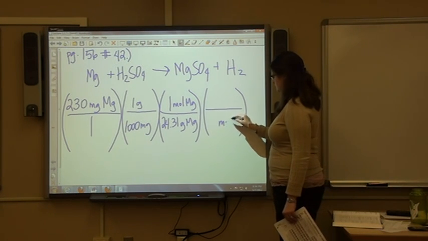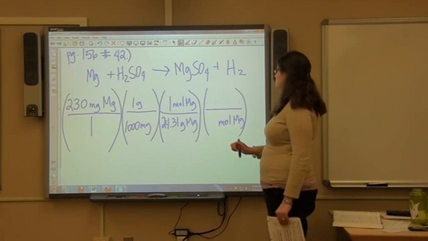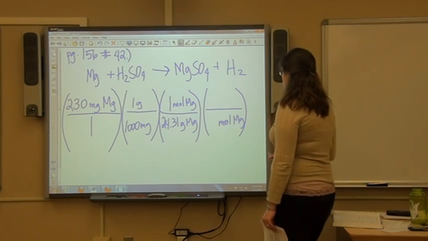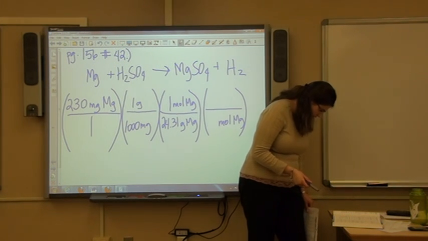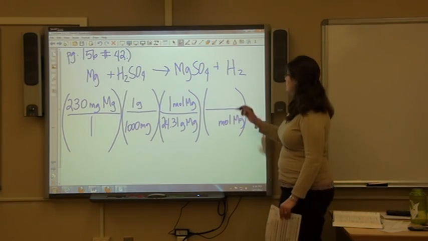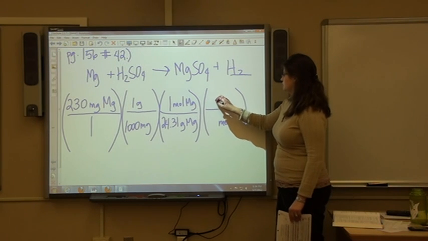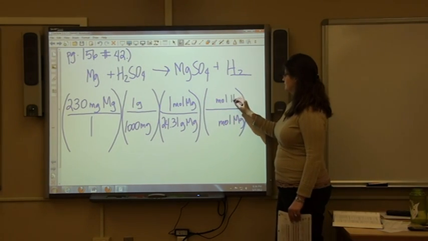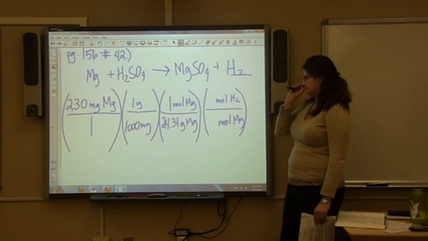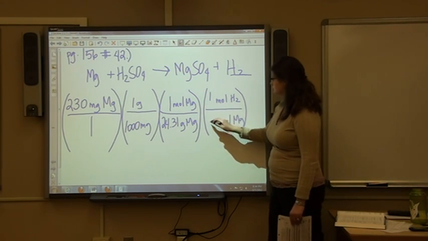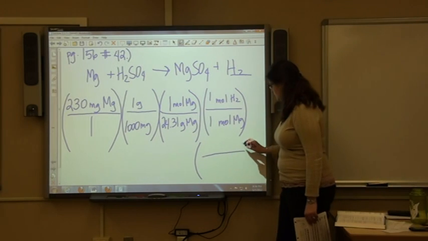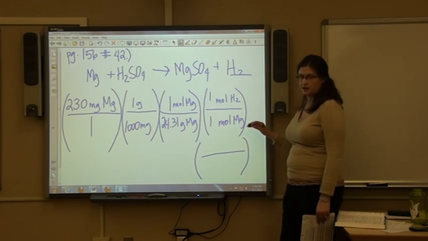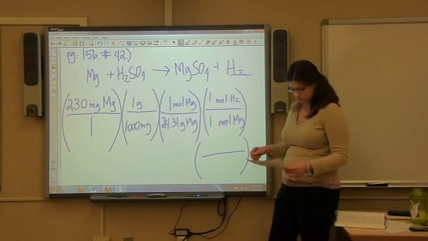Start by doing this, because you know you have to get rid of that. And then what goes on the top? Okay, I've got to go back to read my problem because I forgot. How many moles of H2 are produced? That means that this goes on the top here. Now fill in those numbers. And now I did run out of space here, but you should keep this all on one line, otherwise it gets messy and out of control.